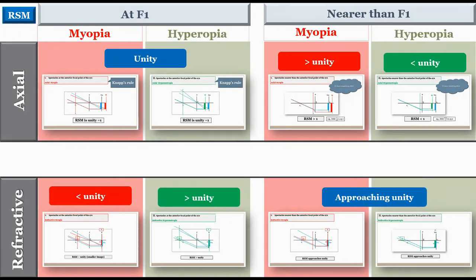Whereas RSM is more than unity in axial myopia and less than unity in axial hyperopia if the correcting lens is located nearer than the first focal point. And finally, those two possibilities are exactly the opposite of those two possibilities.